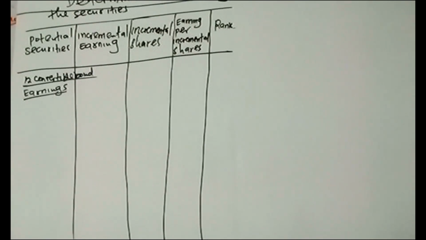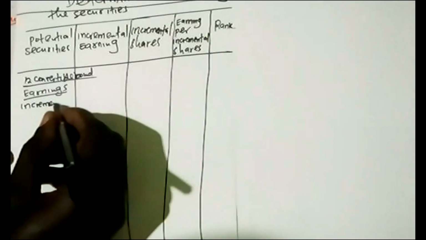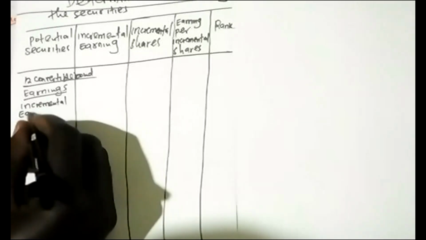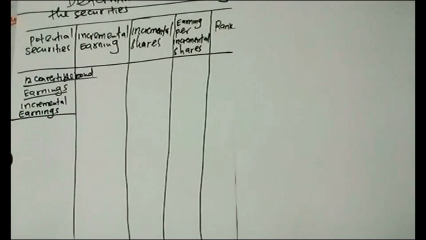So in that scenario, I would just recognize both of them by starting with the column of incremental earnings. Remember that the percentage was 12, so I will say 12%.